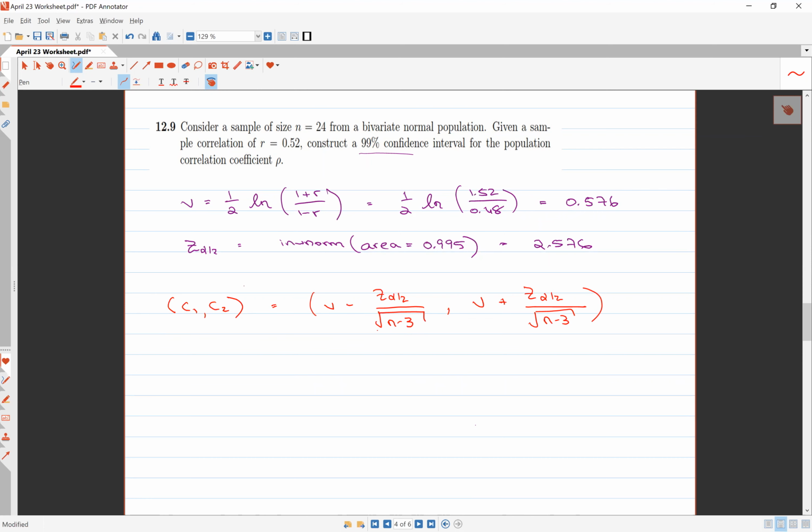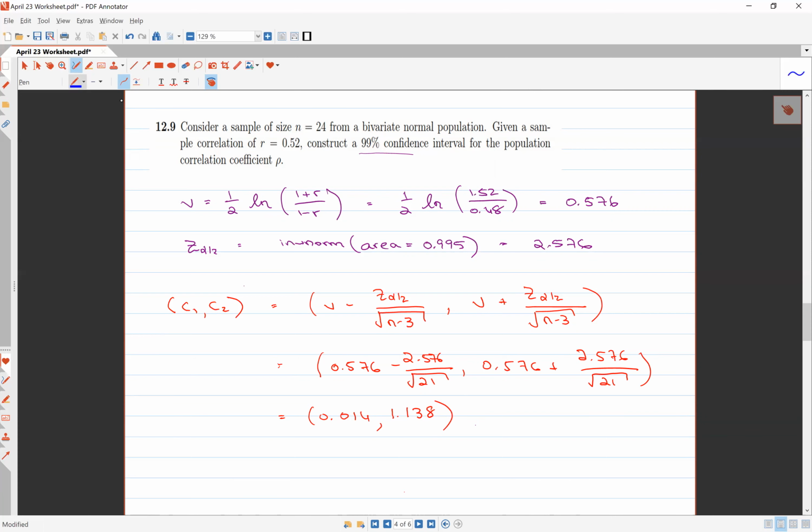So it's the exact same quantities showing up here. Now, if we do this here, the interval for C1, C2 that we get is 0.014 through 1.138.